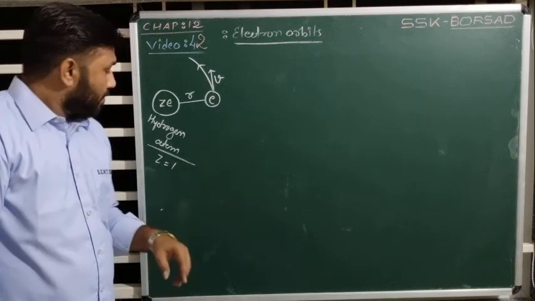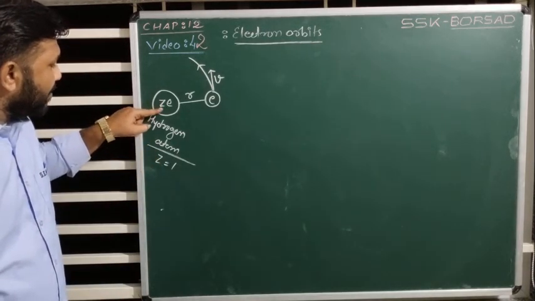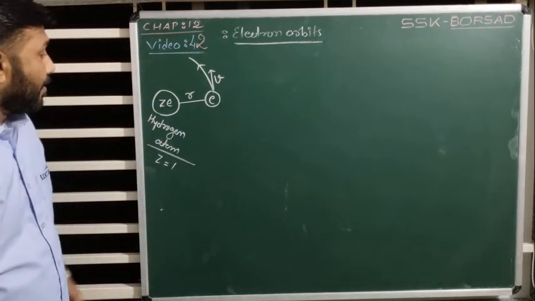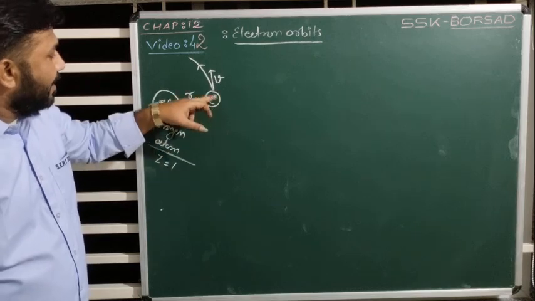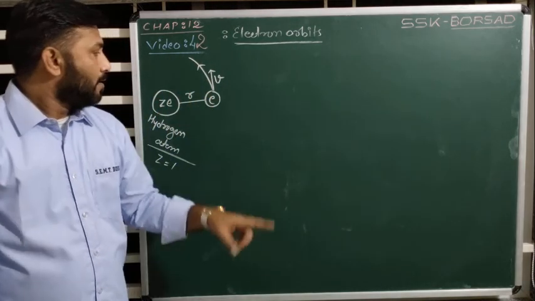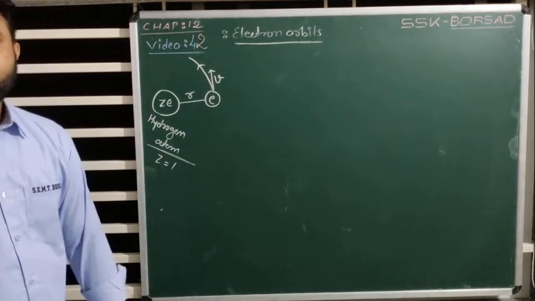Once again, what to write. As shown in the figure, consider a hydrogen atom. The nucleus of a hydrogen atom consists of charge Ze. The electron is revolving in a stable orbit having velocity v and radius r.